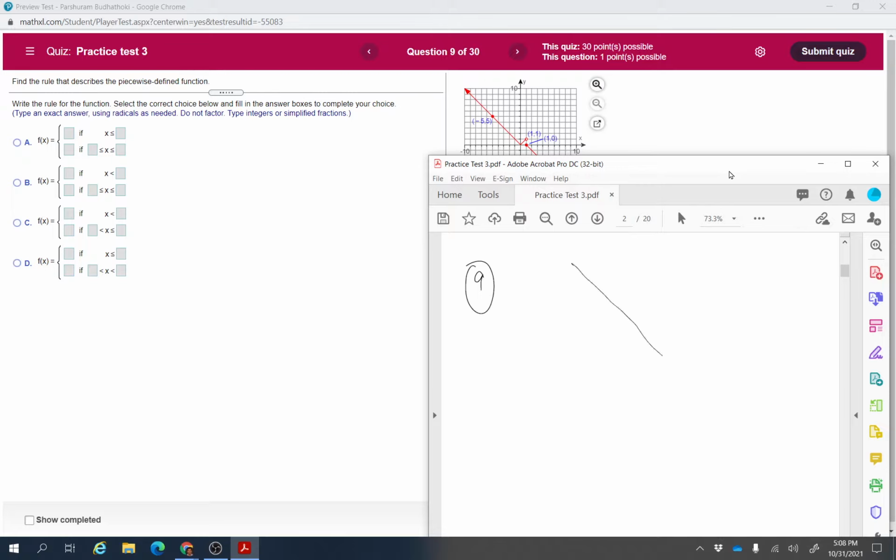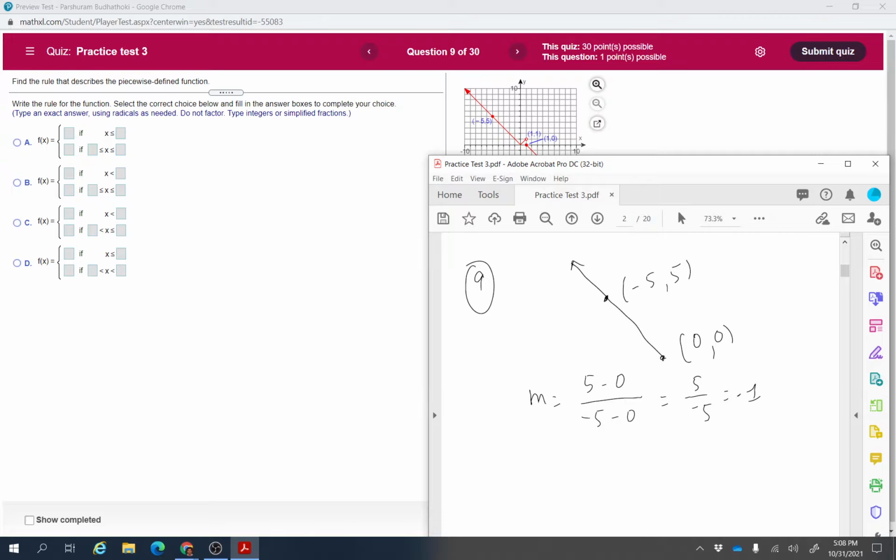We would like to write down the equation of this line passing through -5, 5 and the other point 0, 0. For that we need to find the slope of this line. Slope is y2 minus y1, 5 minus 0, over x2 minus x1, which is basically 5 over -5, which is -1.